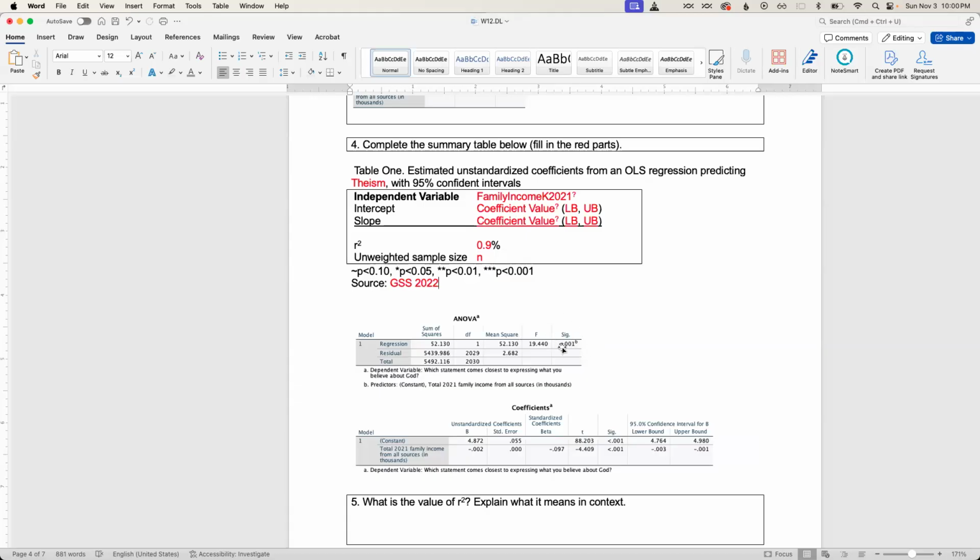And so this is our p-value here. So if p is less than 0.001, that correlates with this. So I have to look at this key and find out where it is. And it's here, so I'm going to put these 3 asterisks right there. Okay.